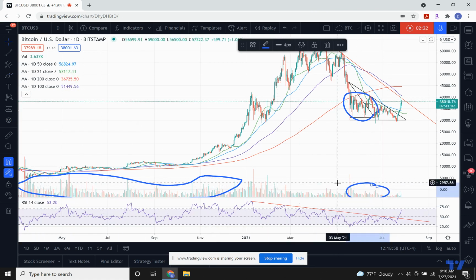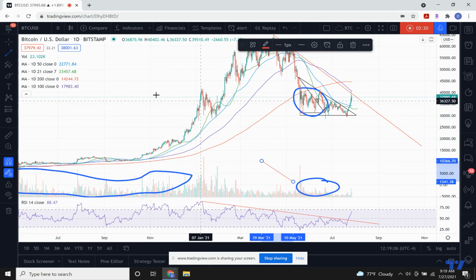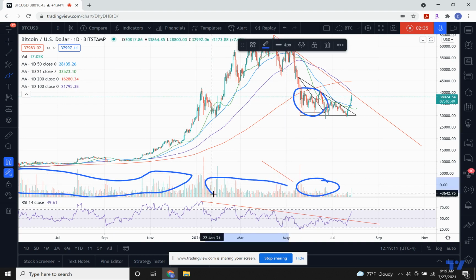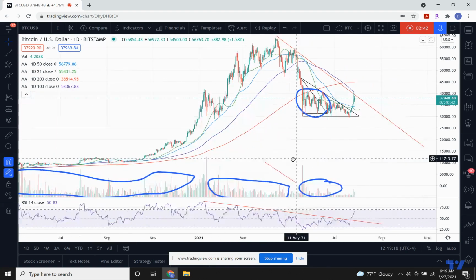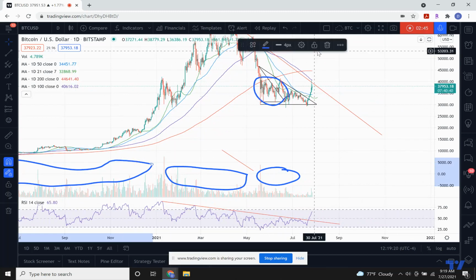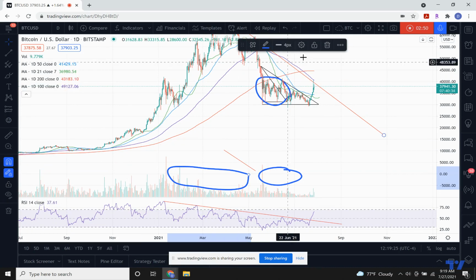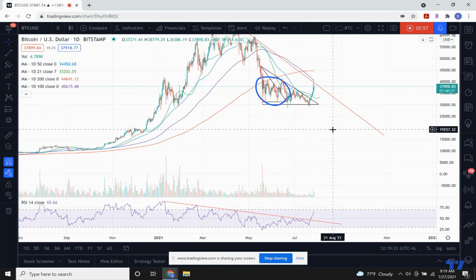But we also need to take into context the distribution volume as well. That's the wrong one. The distribution volume was about the same as the accumulation. So it seems like maybe all of it wasn't distributed. It was a partial distribution, so it's quite possible that it wasn't a complete distribution of everything that they had.